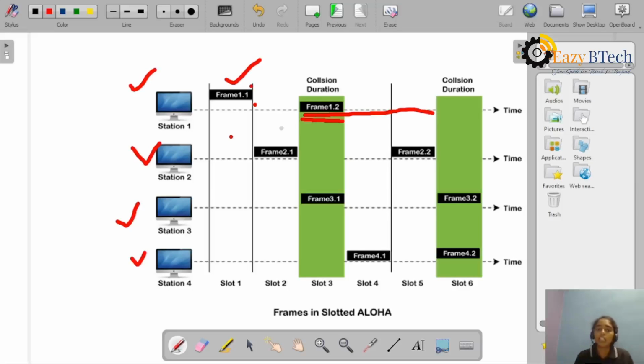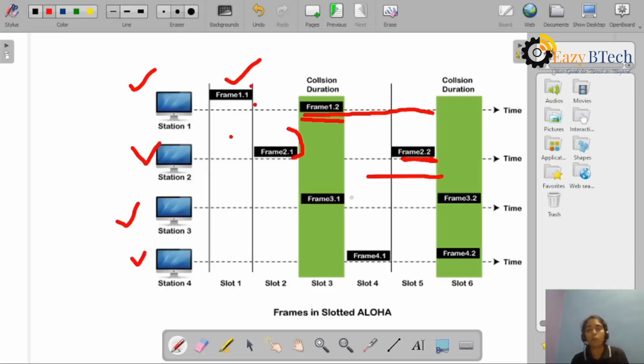After that, station 2 will book another slot to send its frame. After that time is over, station 2 books for frame 2.2, and that will be transmitted here.